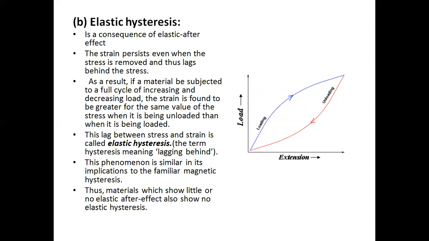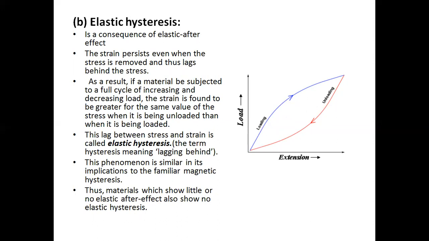As a result, if a material is subjected to a full cycle of increasing and decreasing of the load, the strain is found to be greater for the same values of the stress when it is being unloaded than when it is loaded.